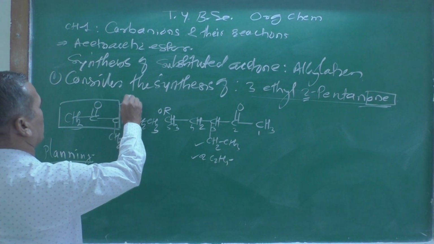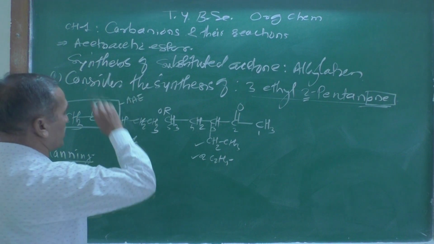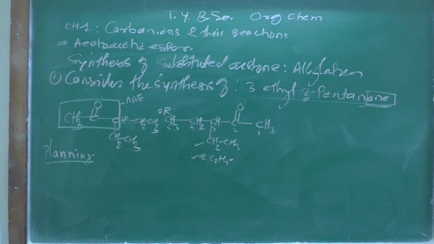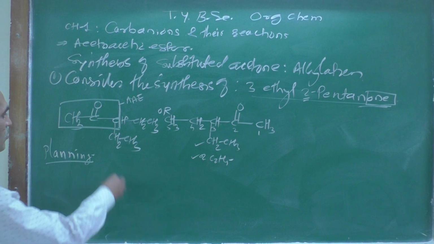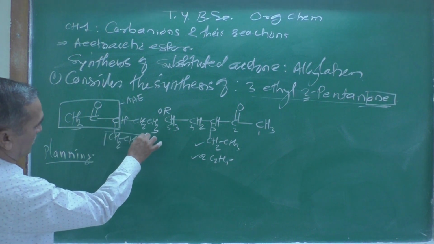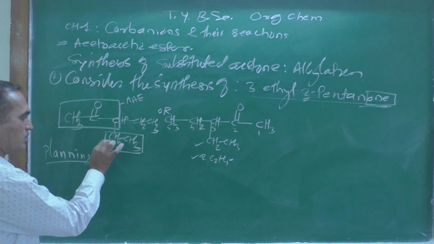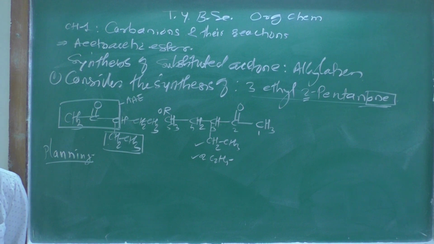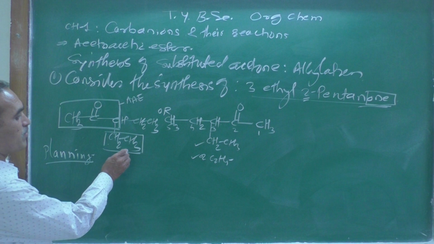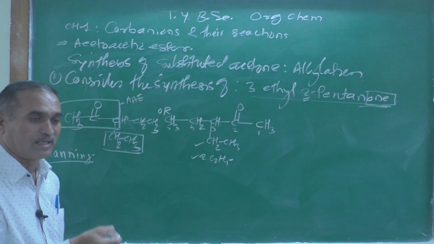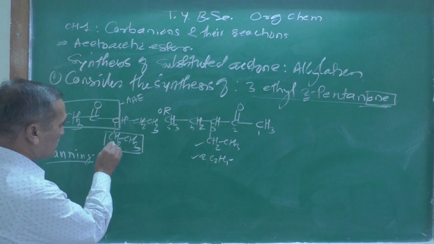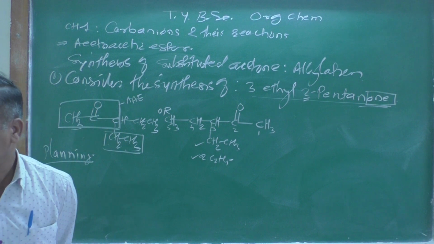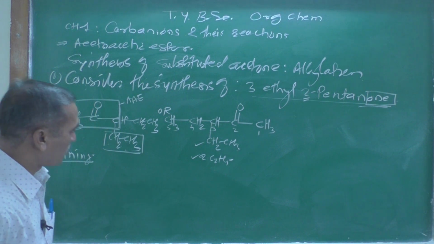This part is coming from acetoacetic ester or beta keto ester. Now I am marking here also, and this marked part is again coming from the alkyl halide, specifically ethyl halide or ethyl bromide.